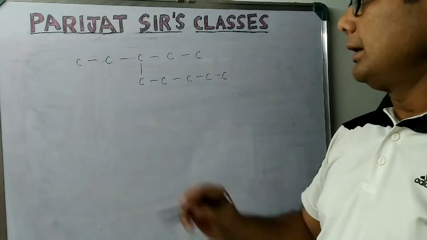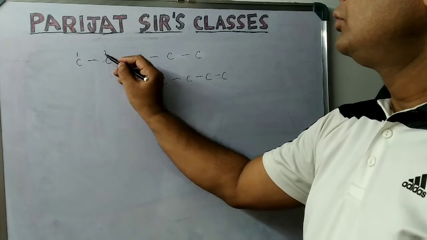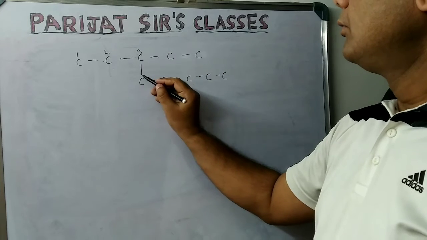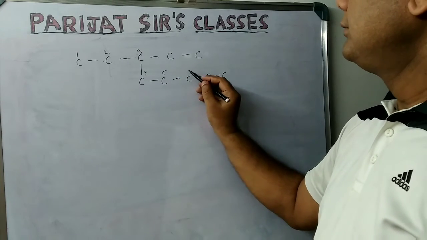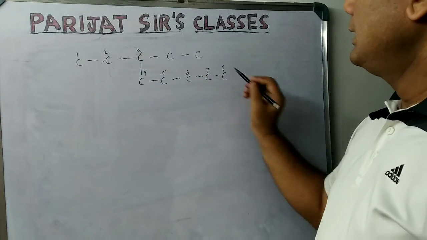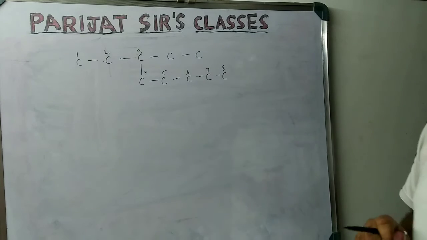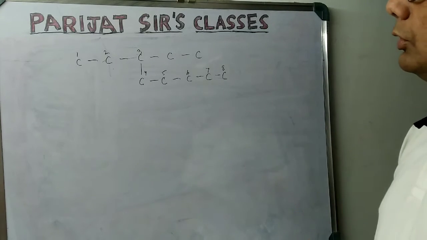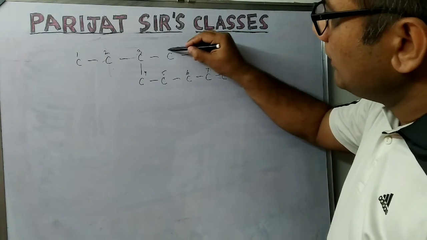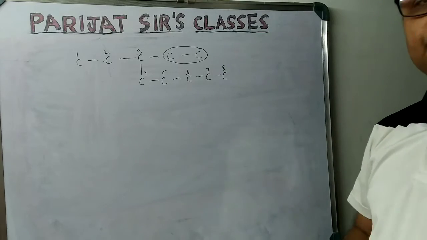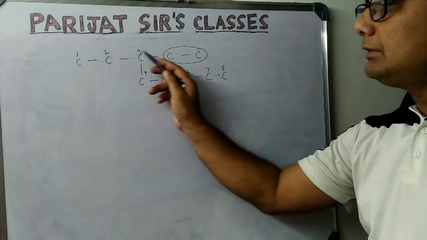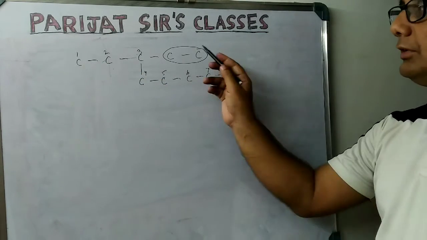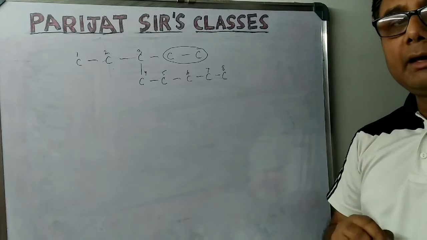So let's start the numbering. 1, 2, 3, 4, 5, 6, 7, 8. Now one more thing. Basically, this is the main chain, so this is becoming the hanging group.